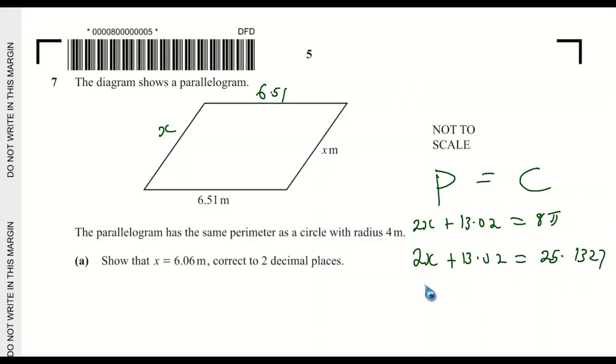If you solve for x, you see that 2x equals 25.1327 minus 13.02. That leaves you with 12.1127. If you divide both sides by 2, the value of x is approximately 6.06. So that is the value of x which we have shown.